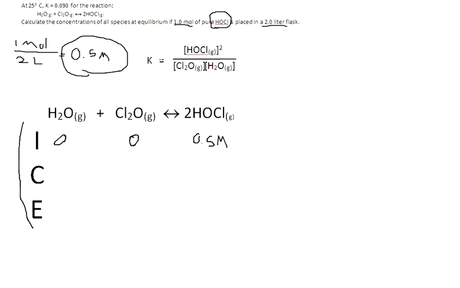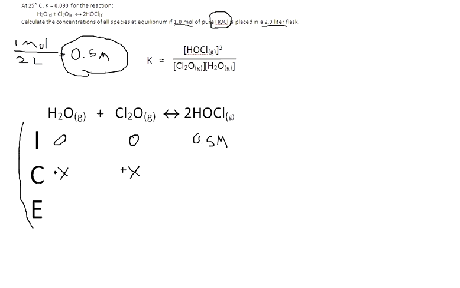So what's our change? Well, we don't know yet, so we're just going to put X. We create X right there. We're going to gain some X. The molar equivalents for both H2O and Cl2O are the same, so we're also going to create the exact same amount, so that's also X. Now, everything that we create, we have to get from the other side.